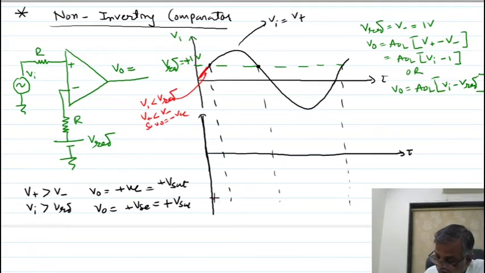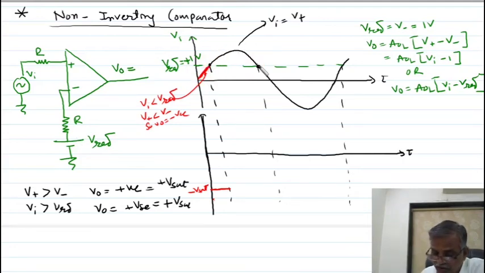So I am showing you minus VCC, minus V sat. During this time I am getting minus V sat. Why? What is the reason? This voltage is less than this during this time.